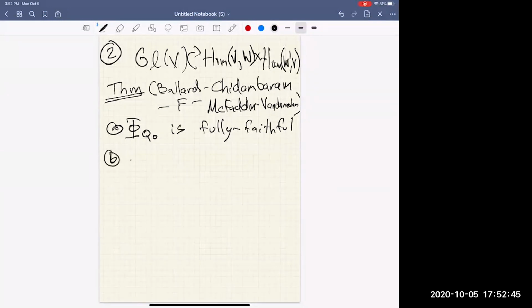B is if dimension W equals dimension W prime, phi Q naught induces an equivalence.